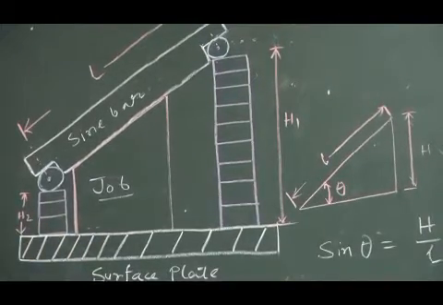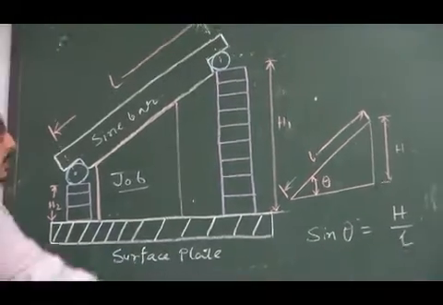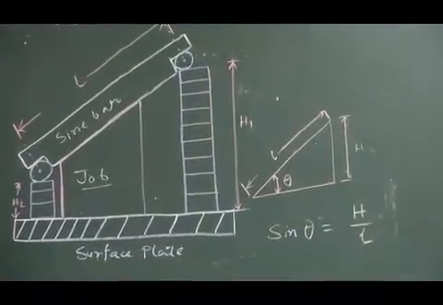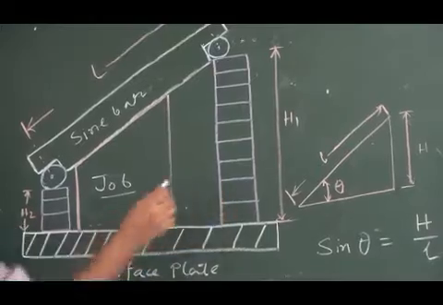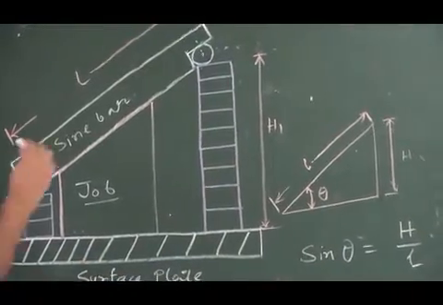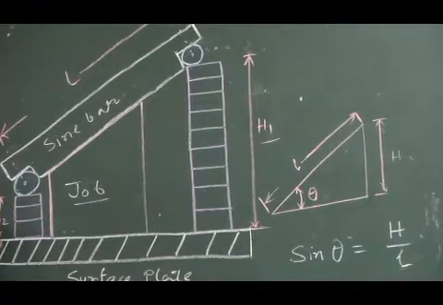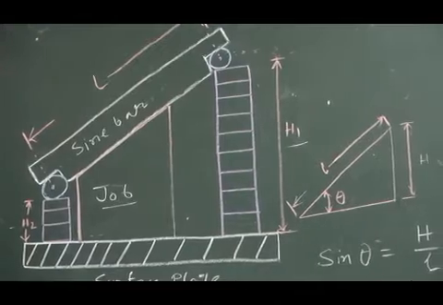In such an arrangement, we measure the height of the slip length. Here we can see in the figure that there is a slip length of h1, and on the reverse side there is a slip length of h2.